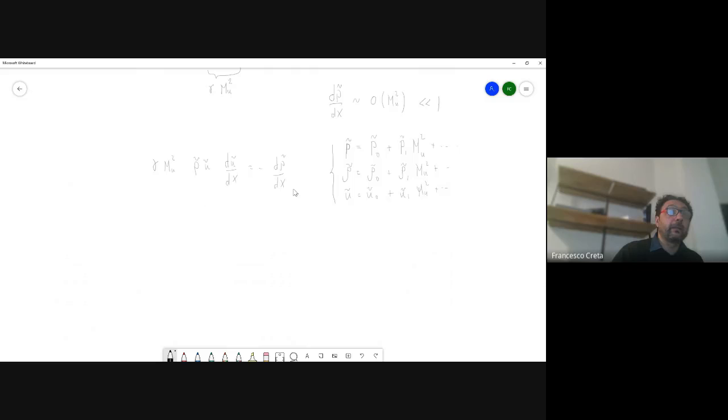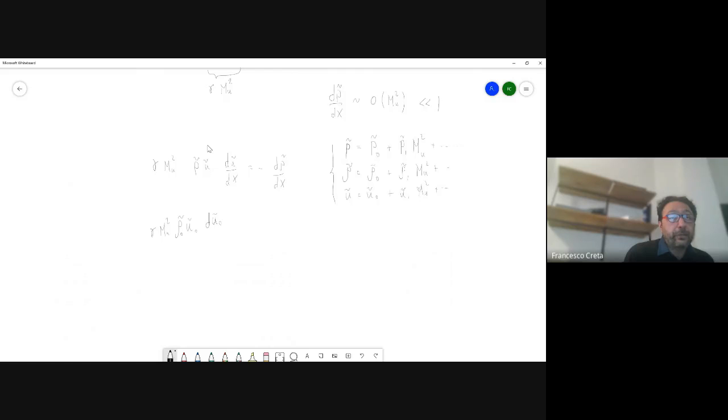Now, if you plug those in this equation, so you just take the zero and first order and plug them in, you're going to get, of course, I'm doing this very fast. I'm going to skip all of the steps because what's important here is to understand the basics. You obtain something like this.